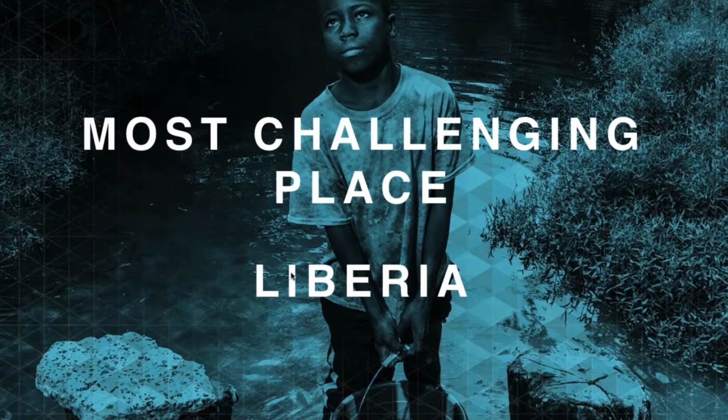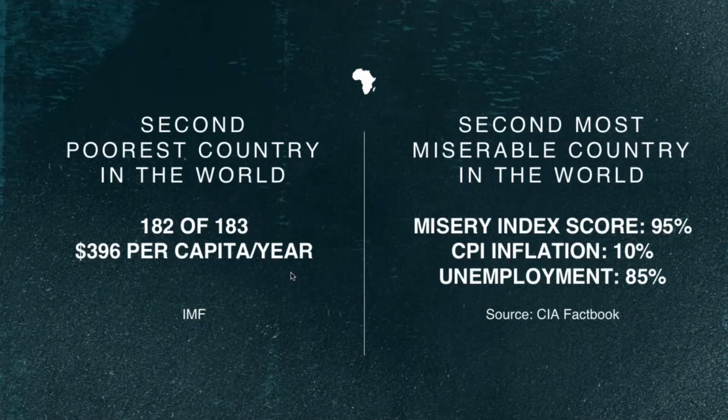They wanted a big dream. And so they wanted to choose the most challenging place to go. And that ended up being Liberia. Liberia was a country that was plagued with all kinds of things in the past, a civil war that decimated the country. Several years ago, they had an Ebola outbreak. And so it was a very challenging place to go.